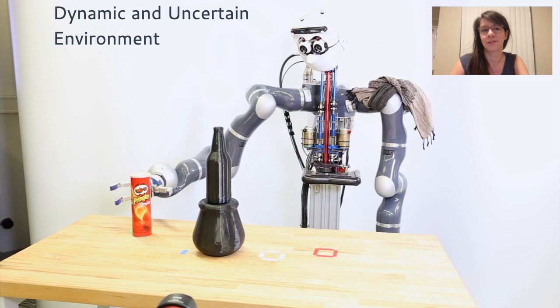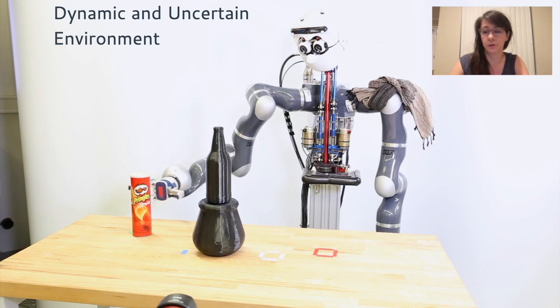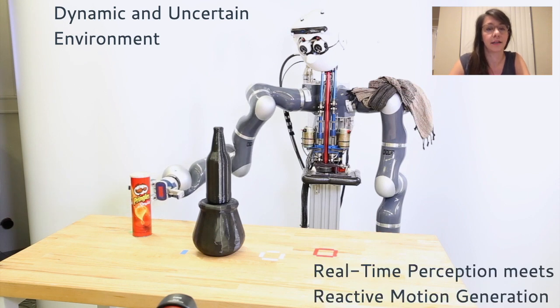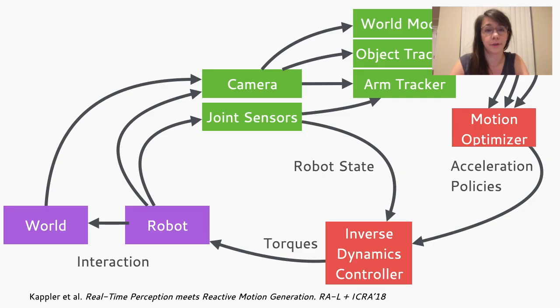It eventually succeeds, but what it requires is a real-time perception system that can continuously perceive the environment, and a motion generation or decision-making system that can take this feedback as input and react to it in real time. Such a system is really hard to build.